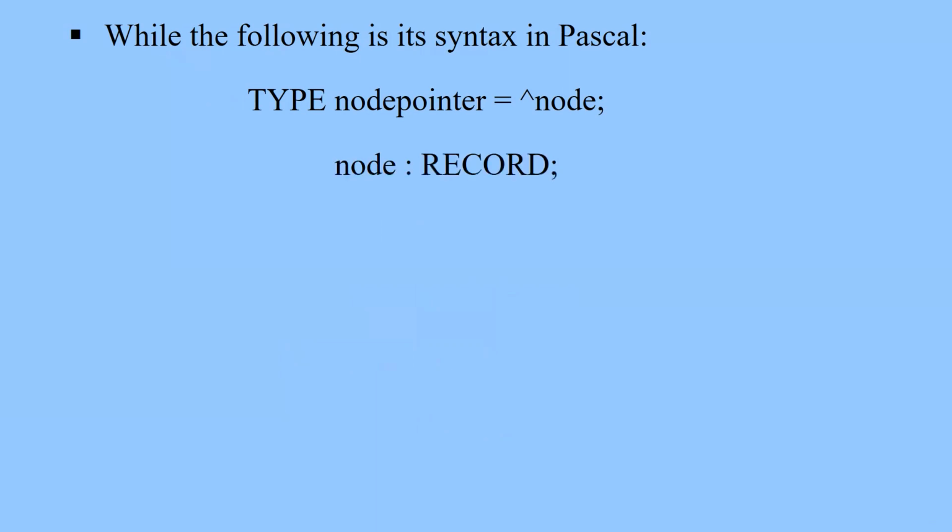Well, the following is its syntax in Pascal. We have the type node pointer, which points to node, and node is a record. Then we have a member called data of type integer, and another member called link of type node pointer.